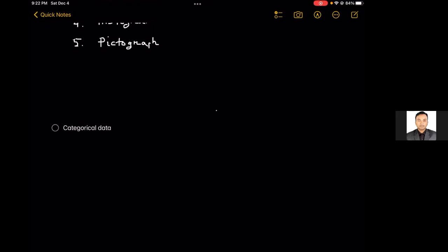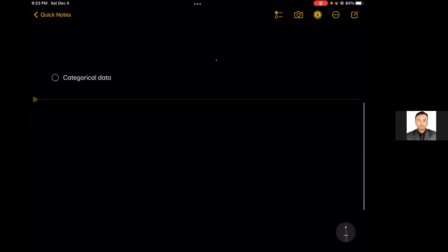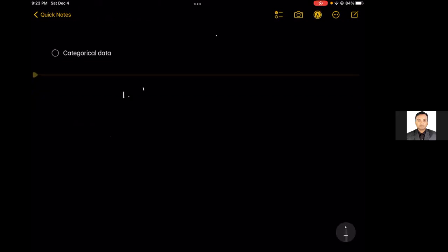Okay, so without trying to generate an example, let's stick to a very well-known example, which is the hair color. So if we have a data set, let's say the hair color of the students of Math 1105, I guess we can probably think of this. One could be black. Obviously my hair color is black. One could be, let's say, brown.